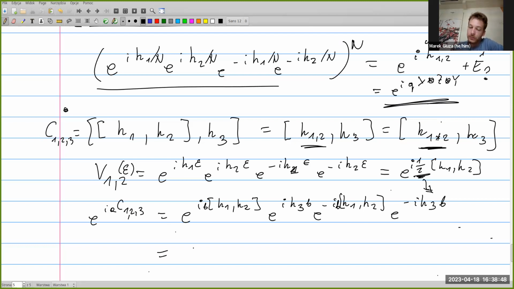So how do I do this? e to iH1, and then if we want here some epsilon squared, maybe epsilon squared, epsilon. e to iH1 epsilon, e to iH2 epsilon, e to minus iH1 epsilon, e to minus iH2 epsilon.